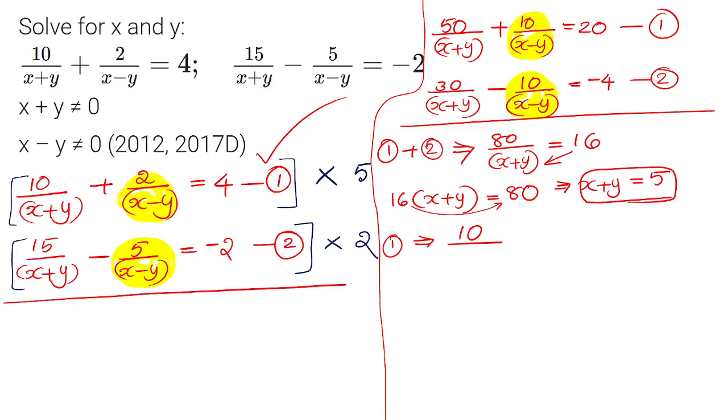So 10 by x plus y. x plus y is 5. 10 by 5 plus 2 by x minus y equal to 4. 10 by 5 is 2. 2 plus 2 by x minus y is equal to 4.